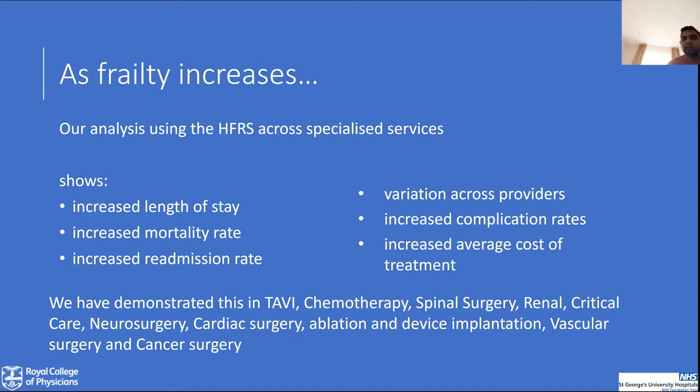And what we've shown is that using this frailty score, you can show the degree to which increased length of stay, mortality, readmission rates, variation, and increased complication rates and cost of treatment can be shown across these services with frailty.